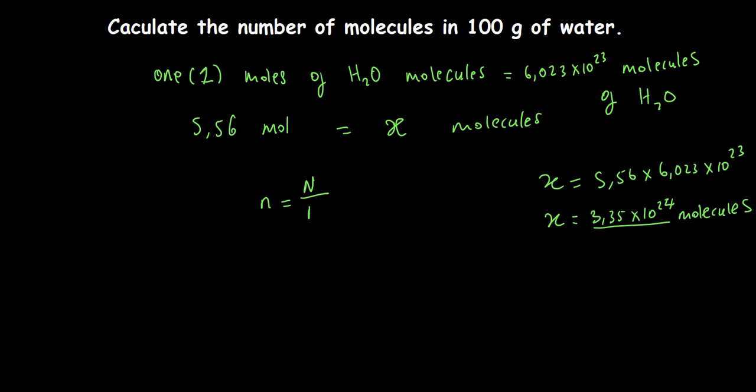What this formula will do is that since you have the number of moles as 5.56, you substitute them, and then N will stand for the number of particles, which means the number of atoms or the number of molecules depending on what you are looking for. And then this one is going to be the Avogadro's number.